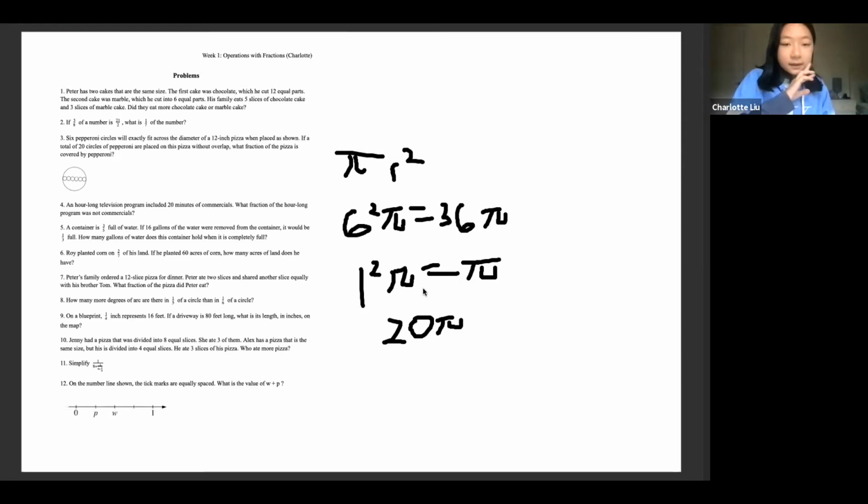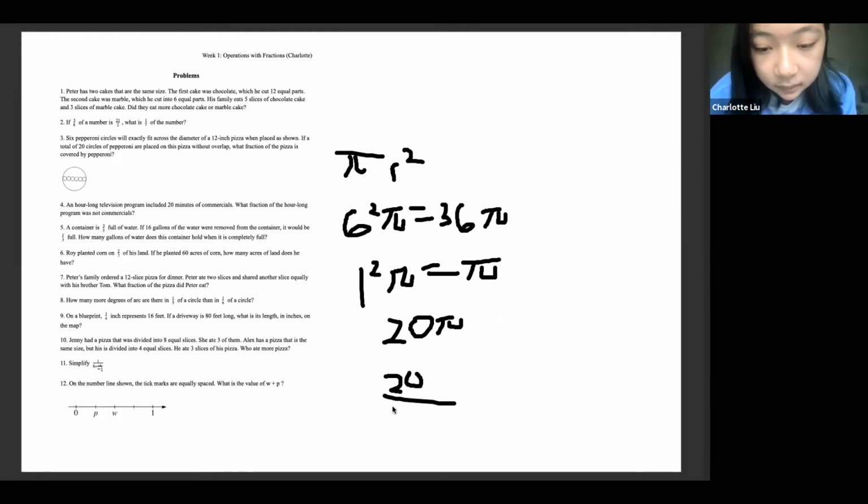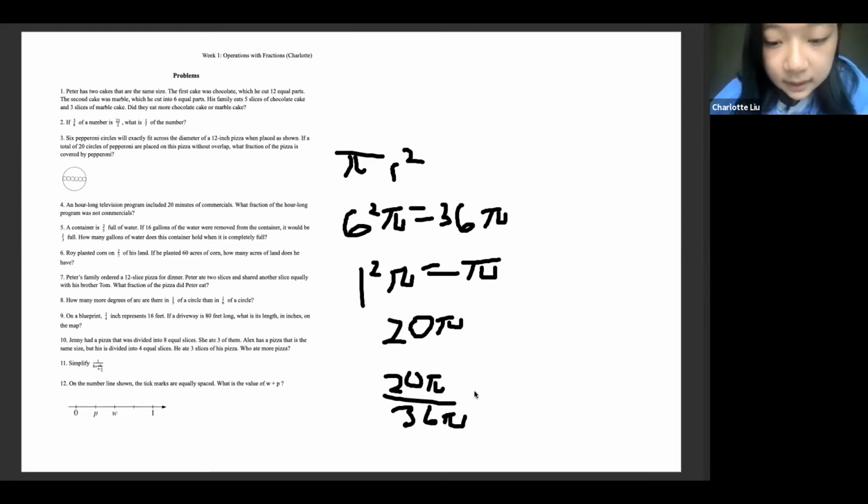So now what we'll do is 20 pi over 36 pi, because 20 pi is the area covered by pepperoni, and 36 pi is the entire area.